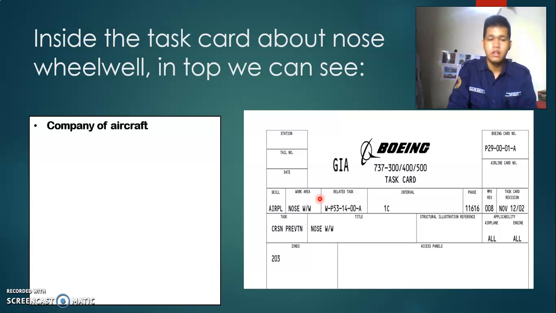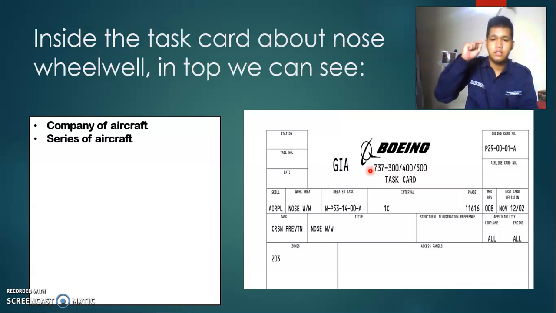First, we can see Boeing as the aircraft company. Number 2, series of aircraft. In this task card, the series is 737-300, 400, and 500. It's the same as the first-produced 737 series.